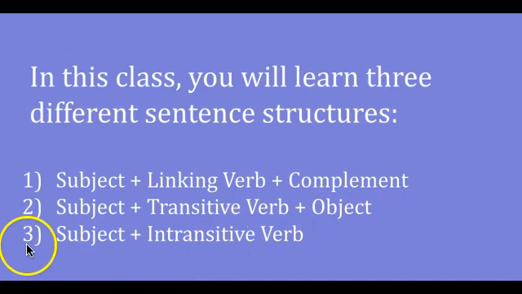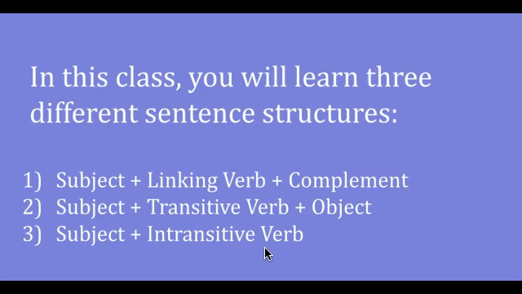And the third structure we will learn is about how to use intransitive verbs, because intransitive verbs do not send the action to an object. After an intransitive verb, the sentence can end.